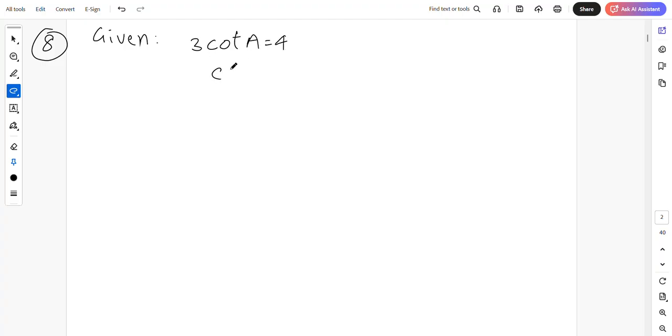So cot A I can write as 4 by 3. What is tan? Tan is perpendicular by base. What is cot? Cot is base by perpendicular. Draw a triangle.